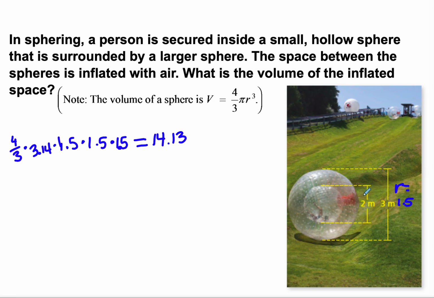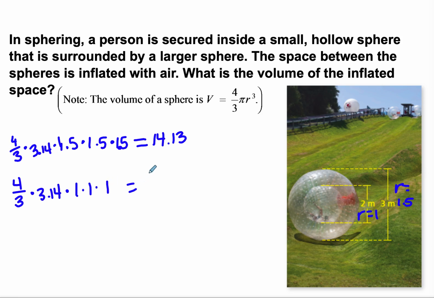Okay, now I'm going to do the same thing for my small sphere. The diameter is 2, so the radius for that one is going to be 1. So 4/3 times 3.14 times 1 times 1 times 1.